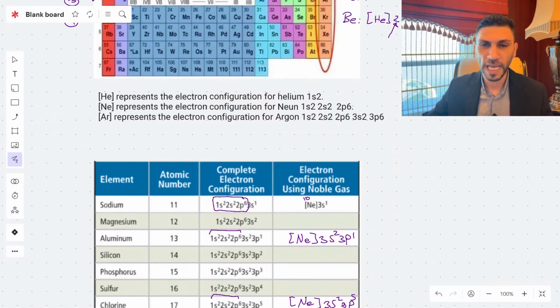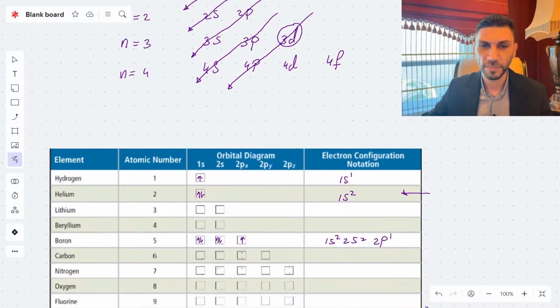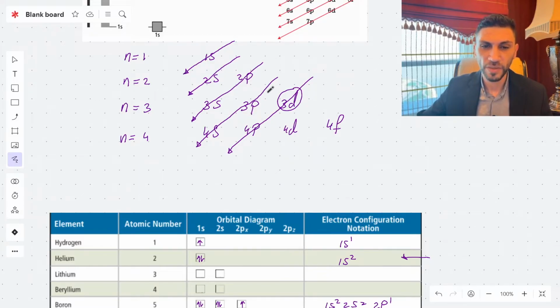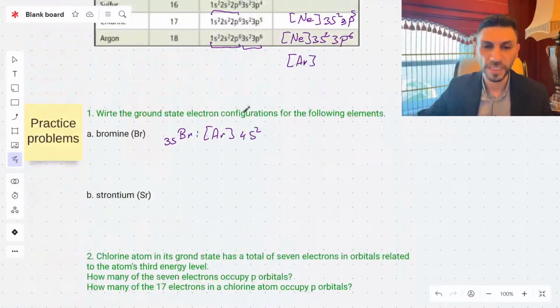And what comes after 4s from this diagram? As you can see, 3p, 4s, and then 3d. So after 4s, I'm going to write 3d with 10 electrons. That makes it 18, plus 2 is 20, plus 10 is 30. After 3d comes 4p, and we have 30, so 4p5.